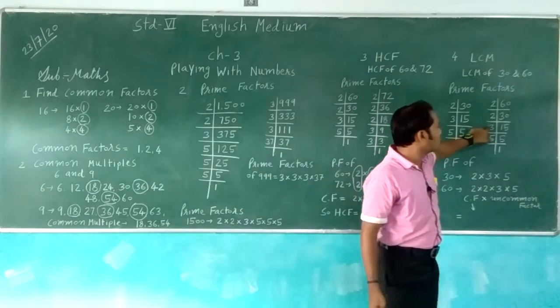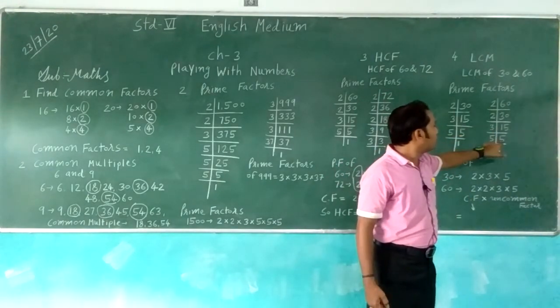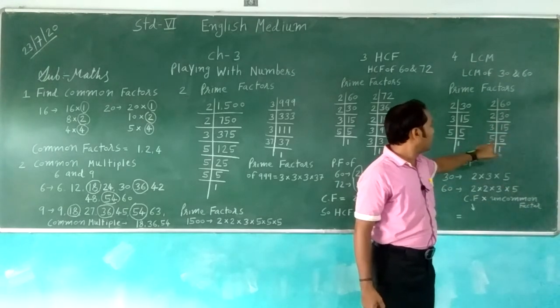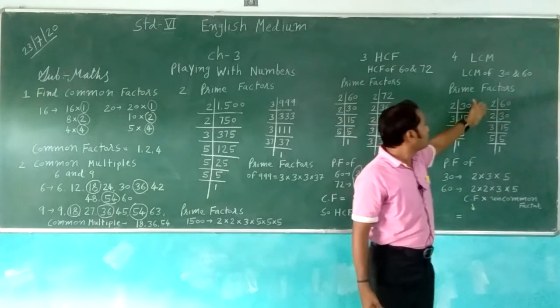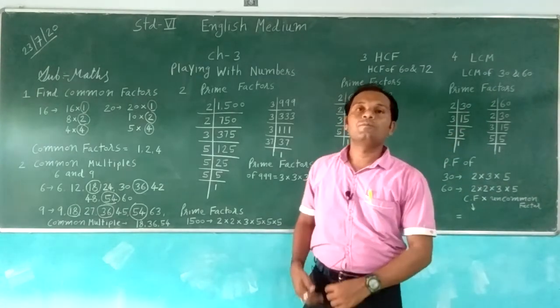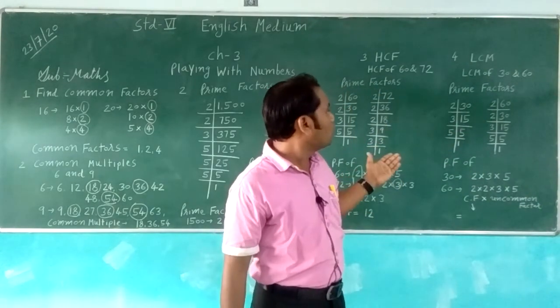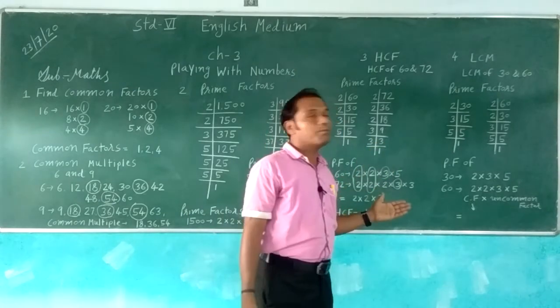We have to use 3 here. 3 fives are 15, and 5 is divided by 5 only. So these are the prime factors of 60: 2, 2, 3 and 5.